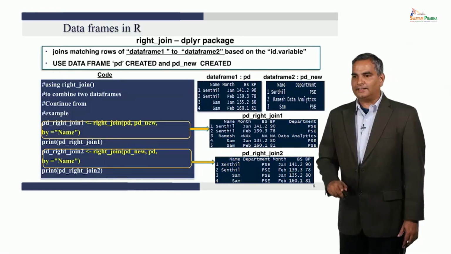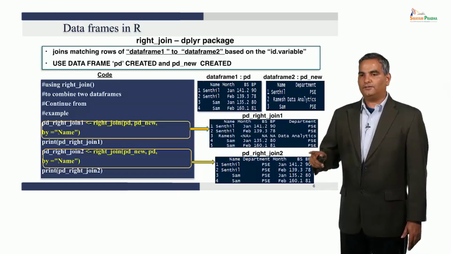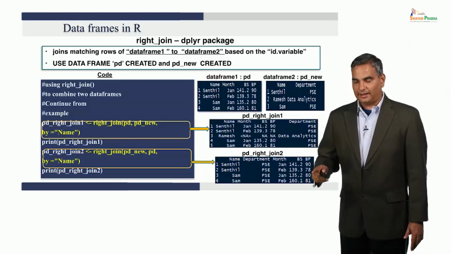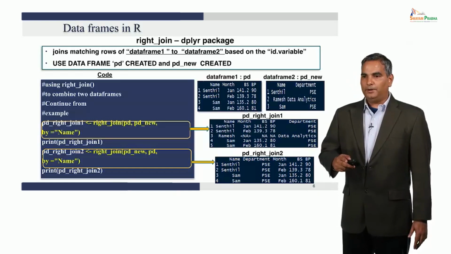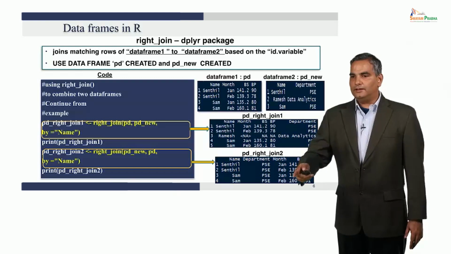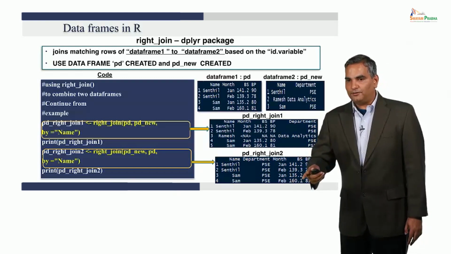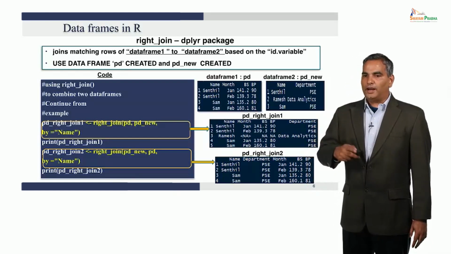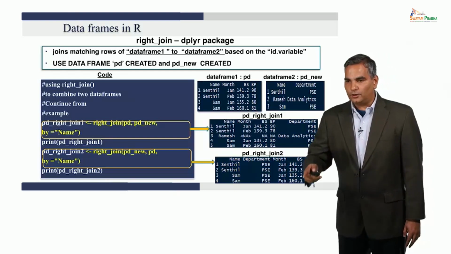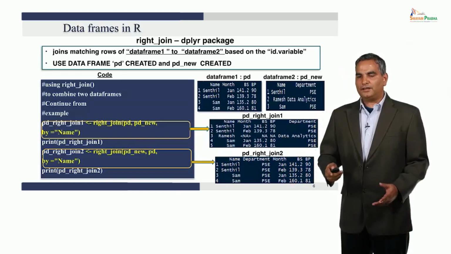Now it's interesting, what happens is in right join, similar to left join, whatever is on the right side, the second element, is the reference now. So when I do right join PD new, you see Ramesh is still retained, because it's a different order than before, but it is right join. So the reference is PD new. And when I do right join with PD new and PD, since PD is the reference, Ramesh is left out. It's very similar to left join.